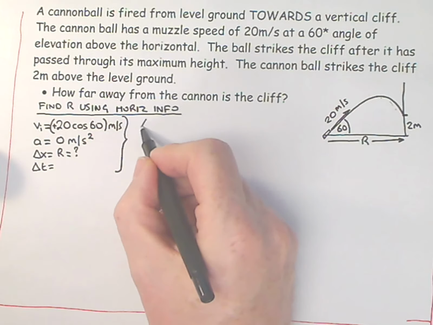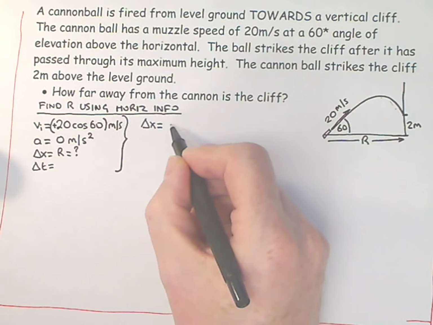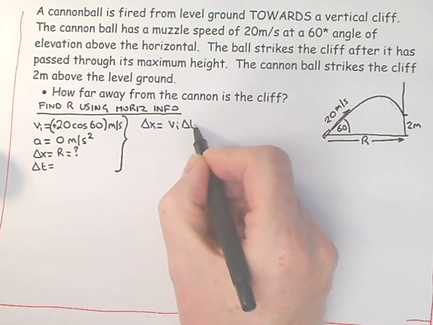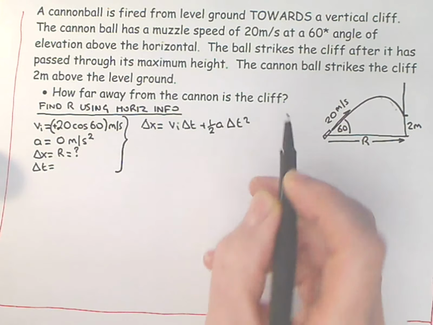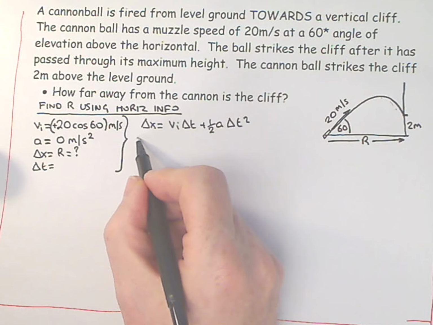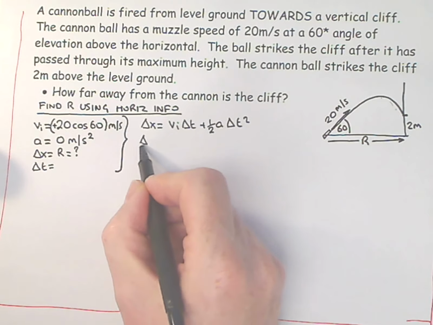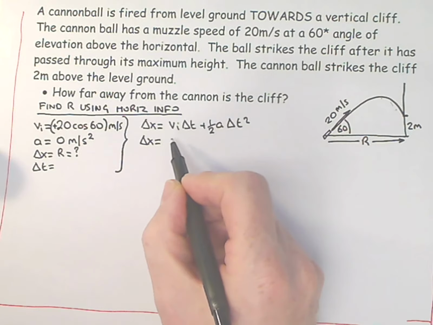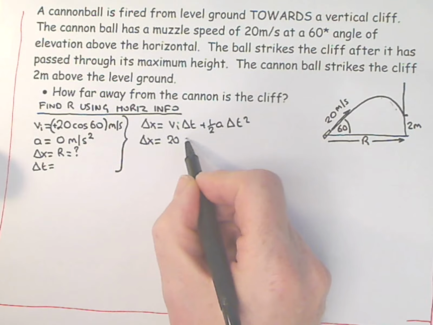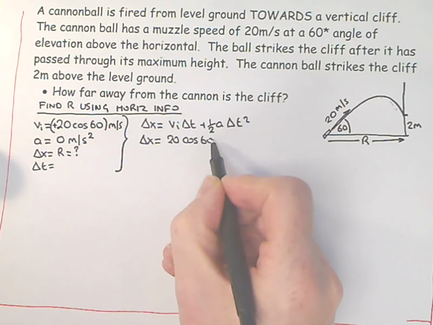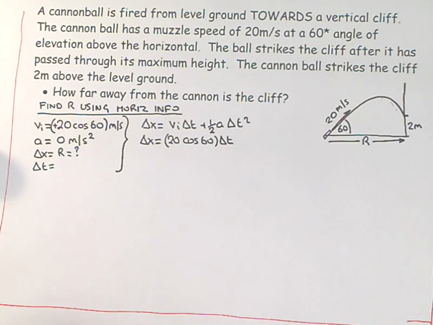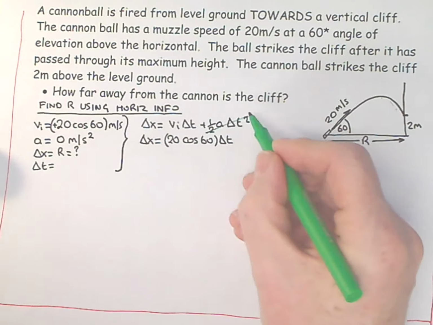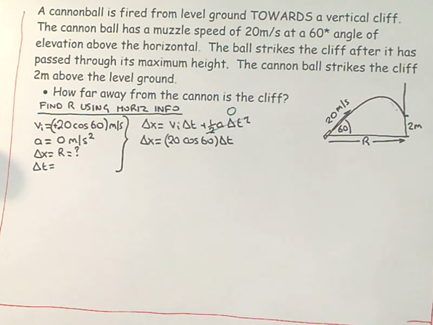So I say delta x is equal to vi delta t plus 1/2 a delta t squared. So delta x, what I want to find, is equal to vi, which is 20 cosine 60, times delta t. And because this acceleration is 0, that second term goes to 0, so I can ignore it.